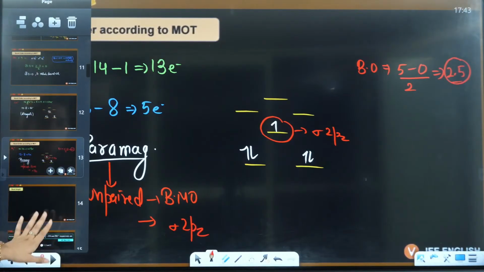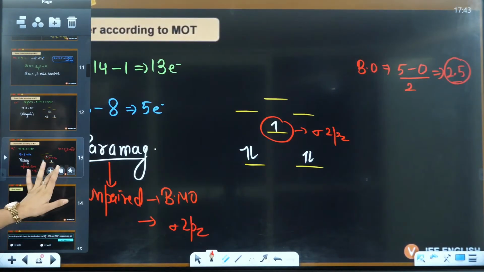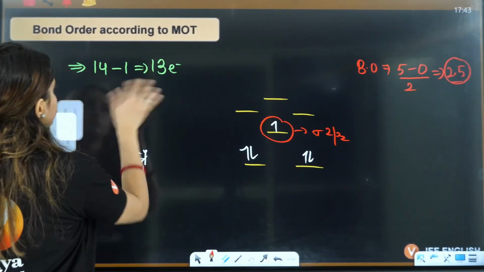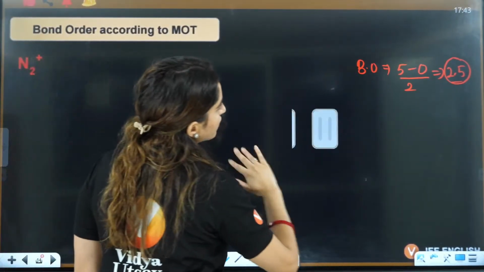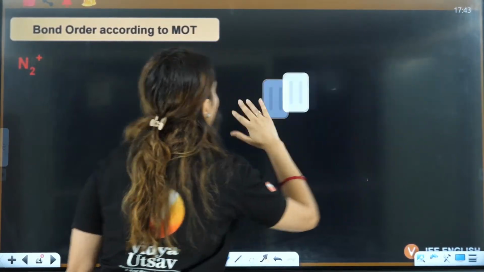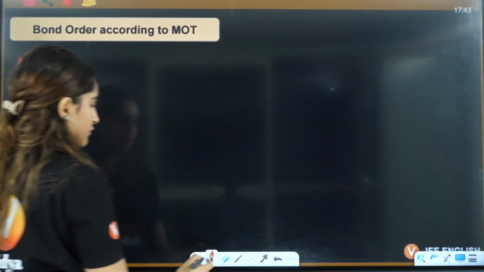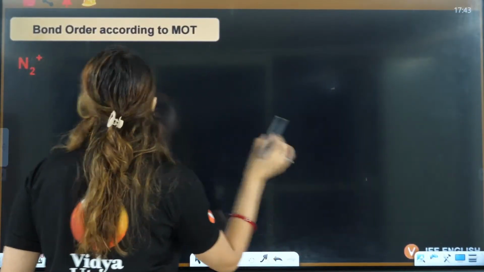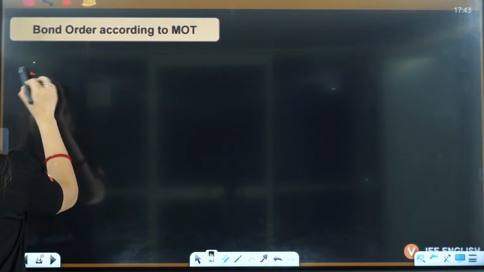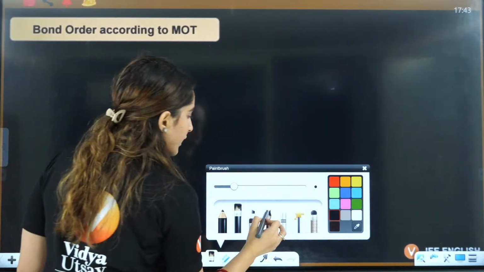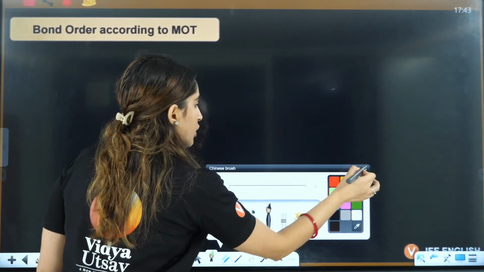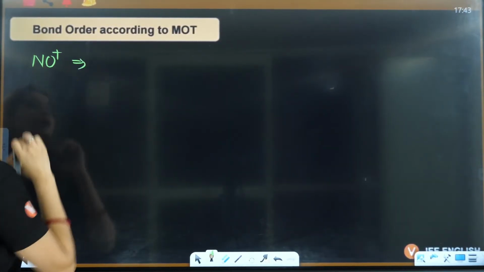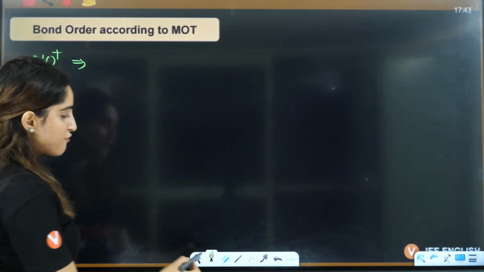Now let's do one more. Shall we do 2-3 more compounds? Let's do NO positive. How many electrons should it have?